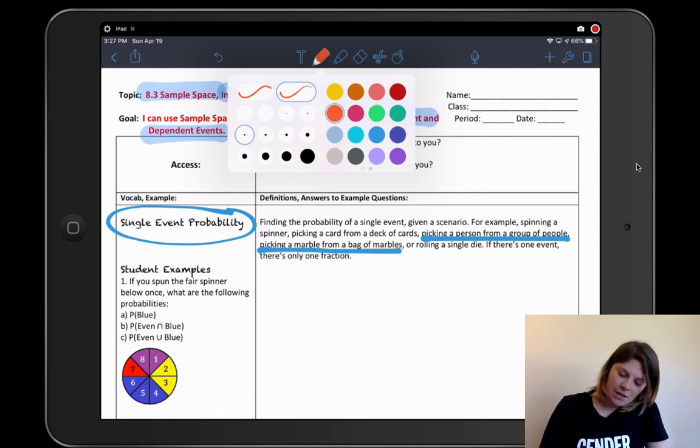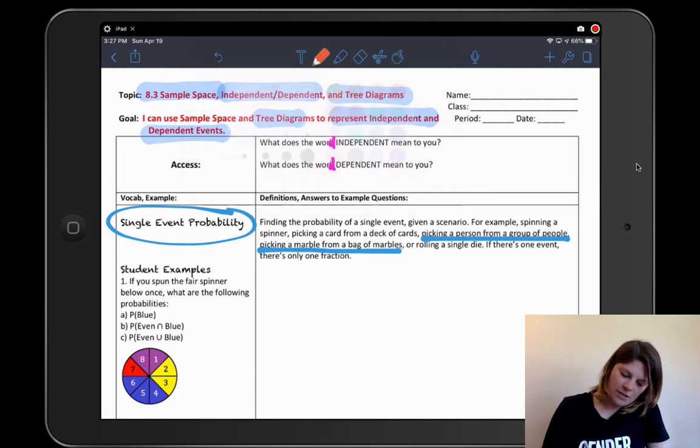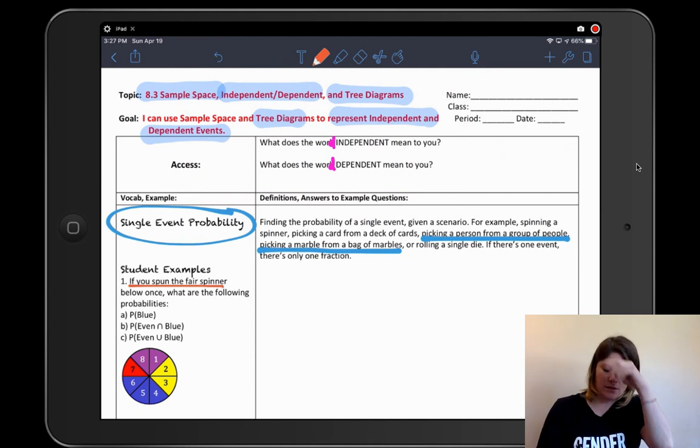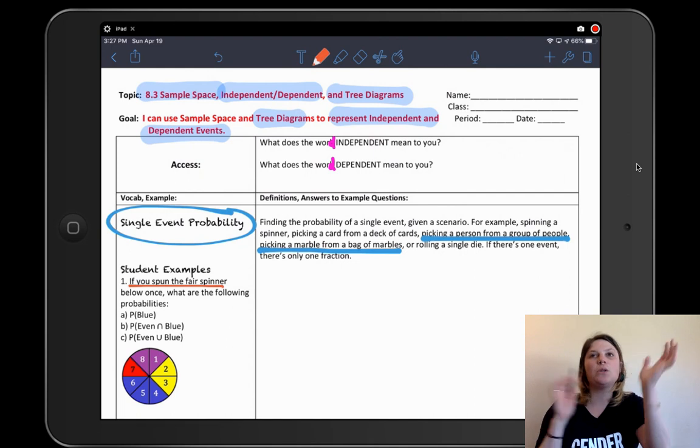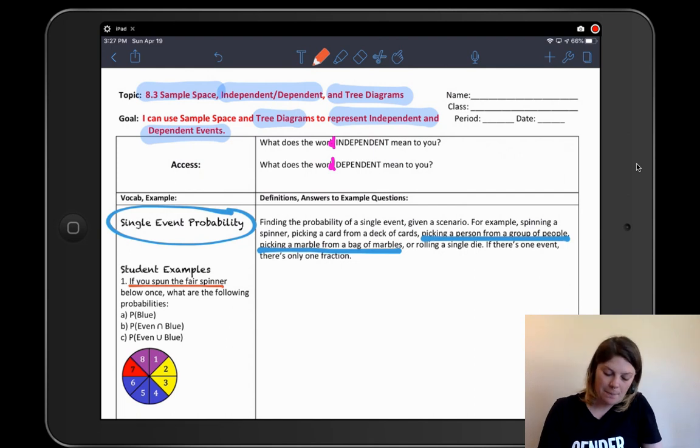Okay, so here we have a spinner, right? You spun the fair spinner, and that just means that it's equally likely you'll get in any spot. And here we need to find the probabilities. Okay, so A, what's the probability that you get blue?